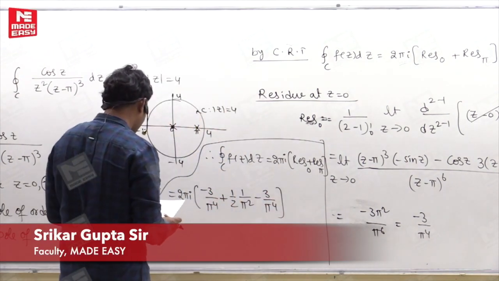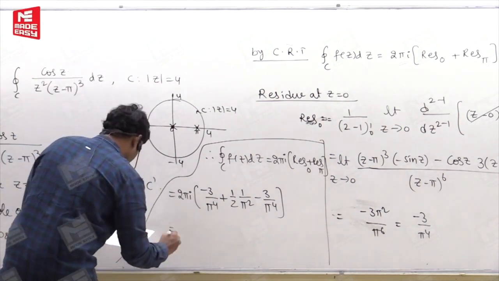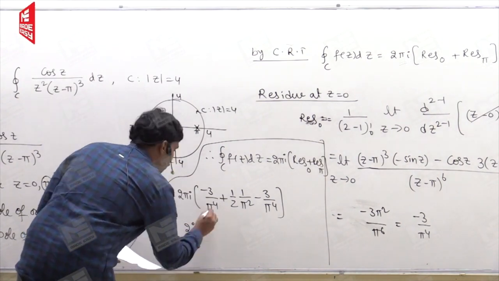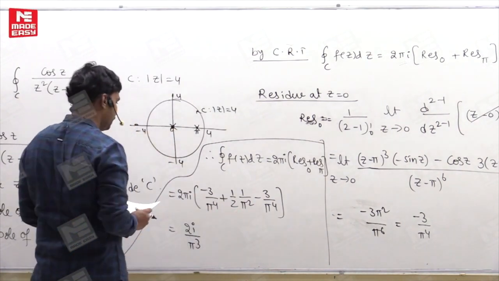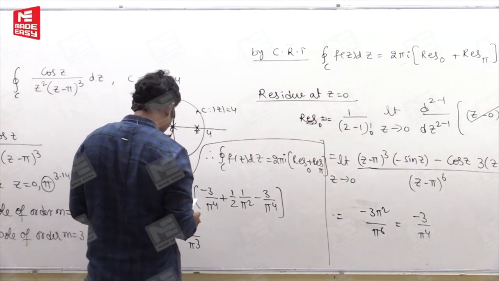If you are adding these two, you are going to get 2i by pi cube, because pi power 4 gets cancelled here.